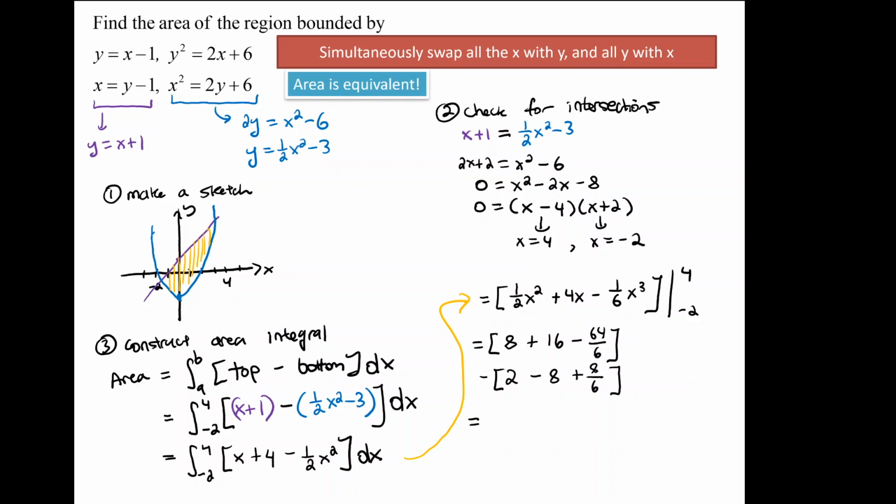Okay, then collect all the pieces together. Let's see, I'll do it in steps. We have 24 minus 64 over 6, and then we have plus 6 minus 8 over 6.